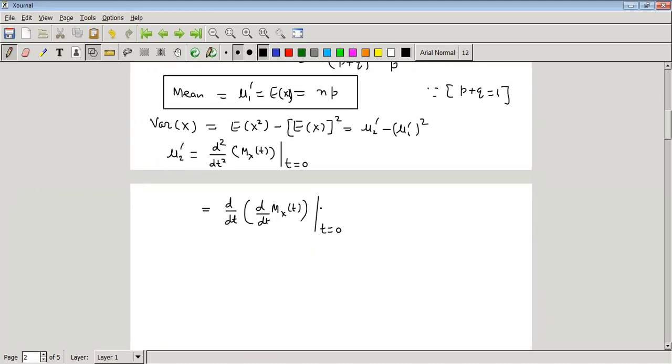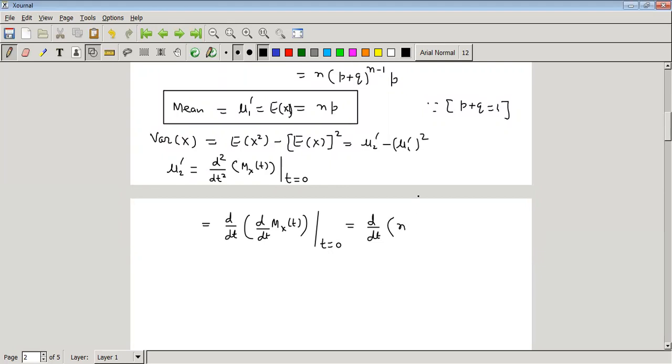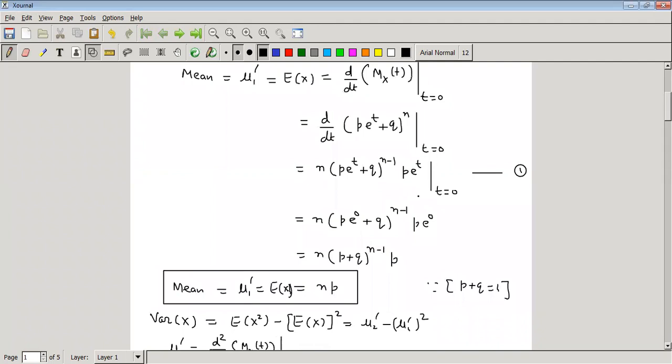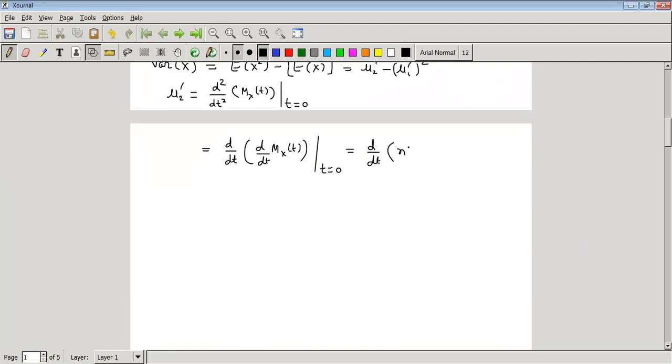So we write this equal to d by dt of np e to the power t into (p e to the power t plus q) to the power n minus 1, at t equal to 0. So this is the first derivative, using equation 1.